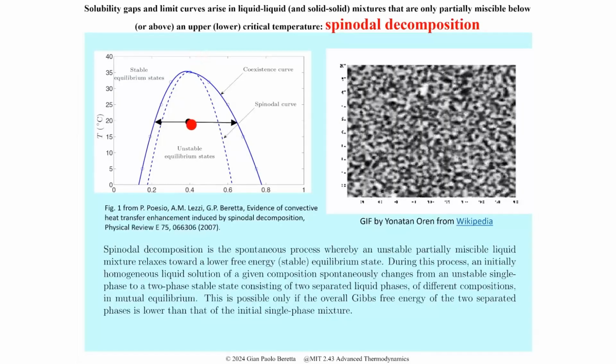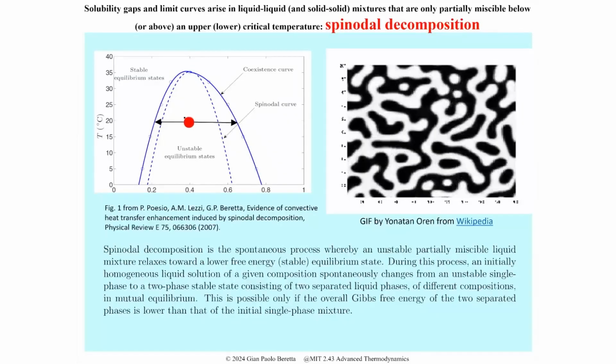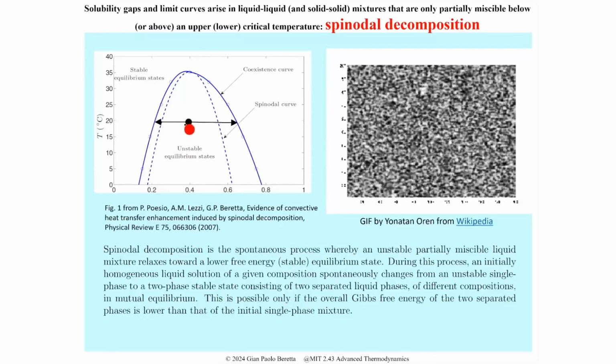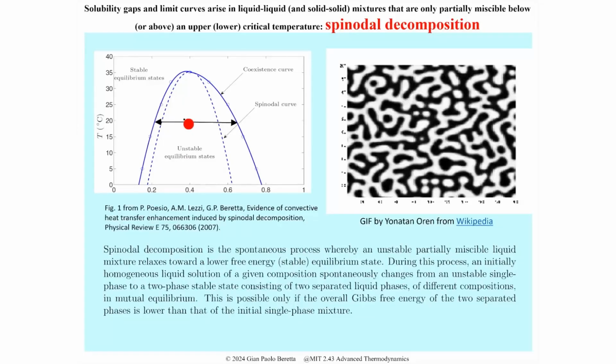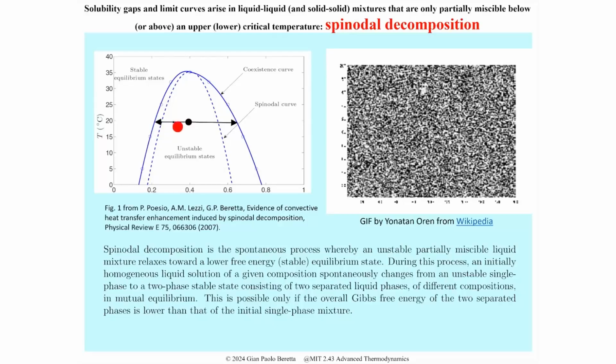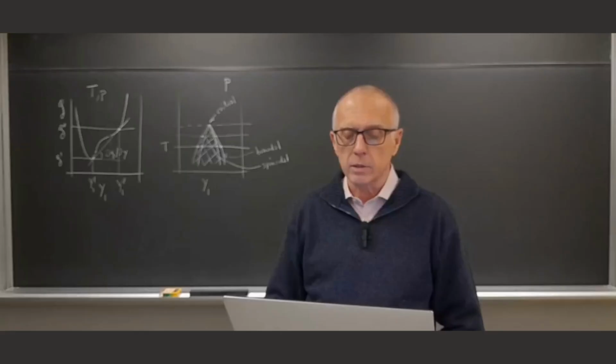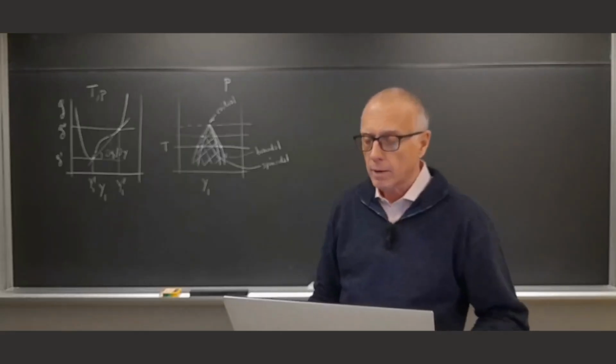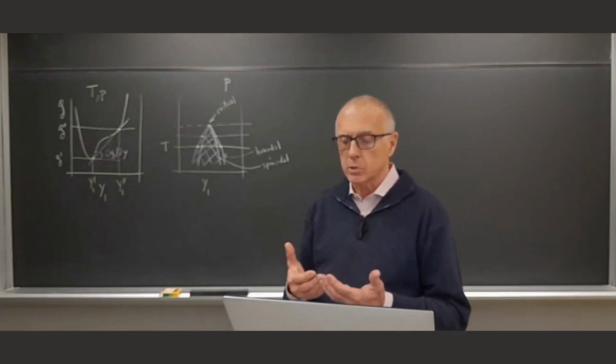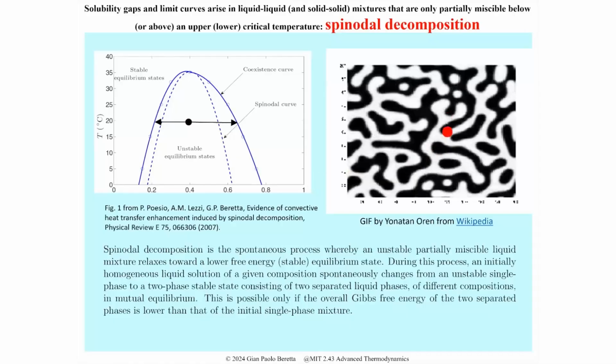So you quench to this point here, and so you reduce the temperature. At this point, the instability triggers what you see here.